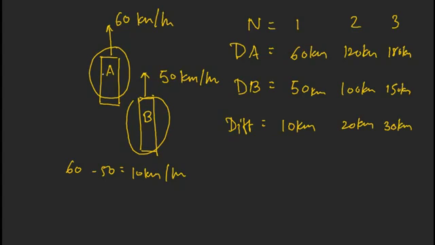So we see that this car is going away from me at 10 kilometers each hour. So this is all about relative speed, and such observations can be seen whether cars are traveling in the same direction or in the opposite direction.